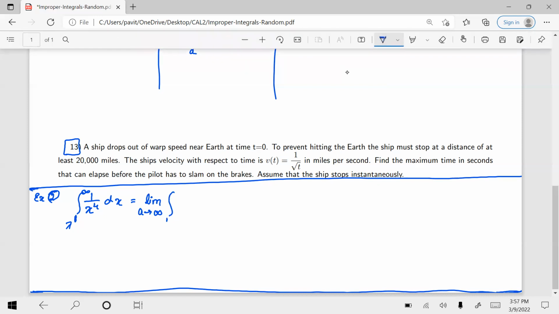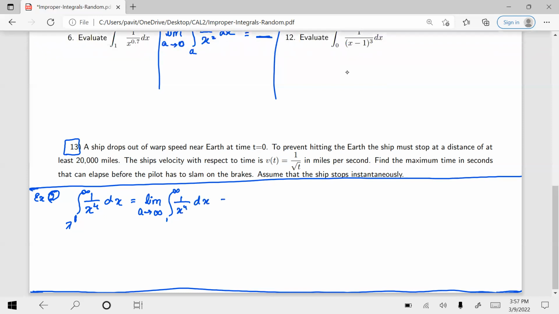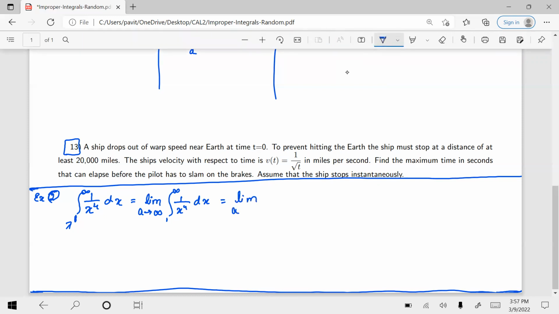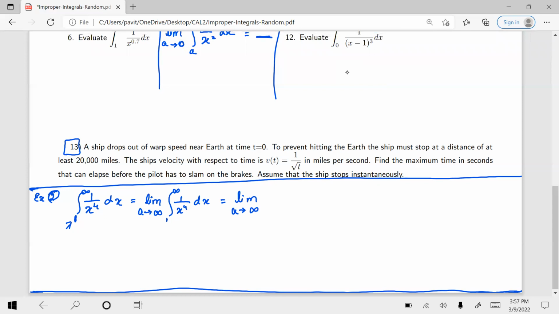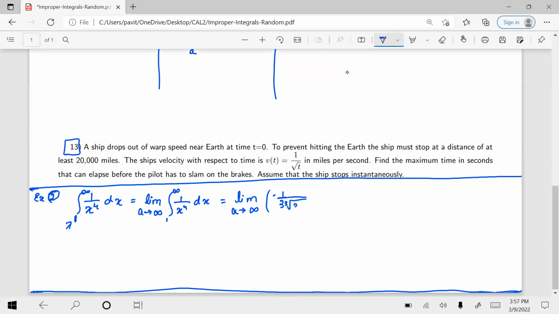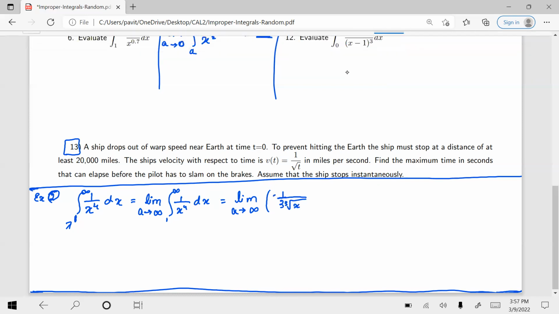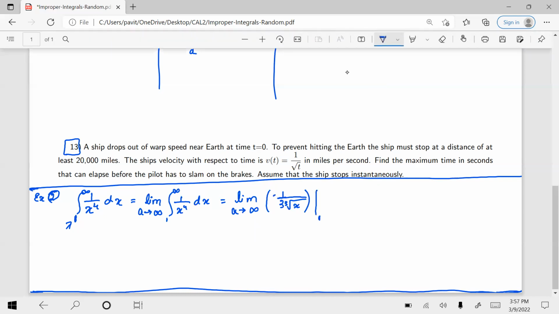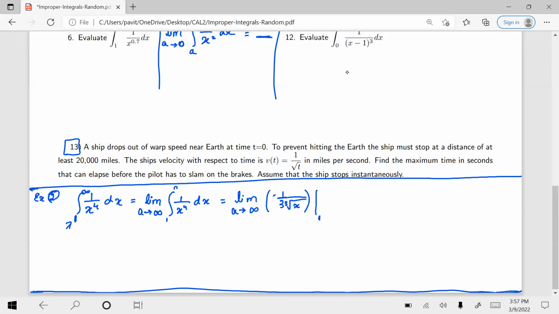The integral from 1 to infinity of 1 divided by x to the power of 4 dx equals limit a tends to infinity. Solve for 1 over x to the power of 4. You get negative 1 by 3 times cube root of x, right? And this is from 1 to some number a, which is very close to infinity.